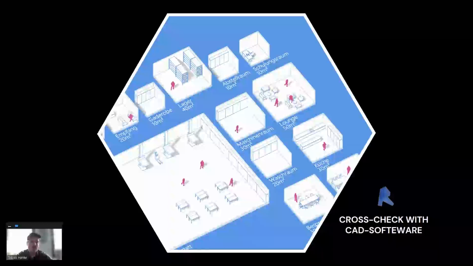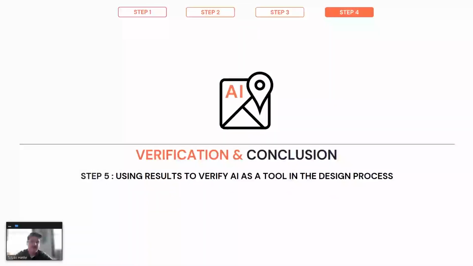The results were cross-checked by the student in a CAD software. The result is that the AI is able to design a room program, so it works. And with these examples and this method, we come to the last step, the verification and the conclusion.